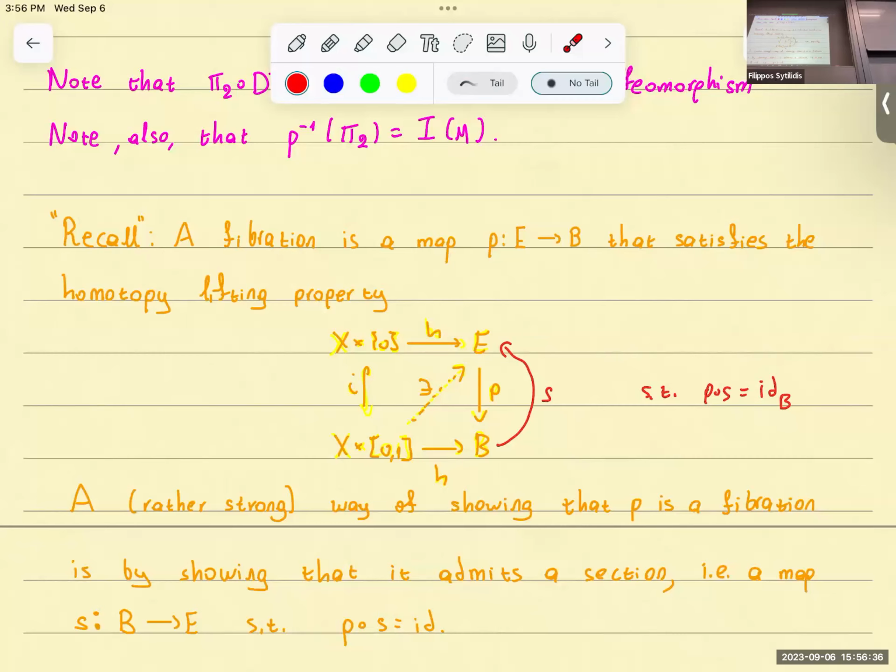The diagonal should go the other direction, but all the others need to stay as they are. So P is a strong epi if for any diagram like this where this is a mono, so essentially an inclusion, then there exists a unique map here which makes everything commute. It's unique, I think it's unique, yeah.